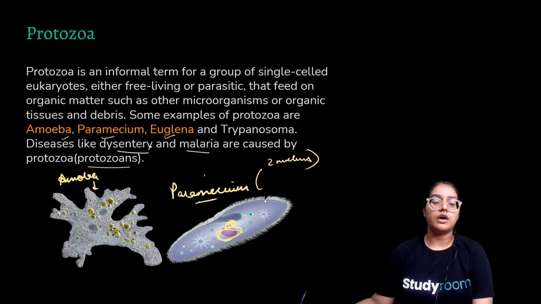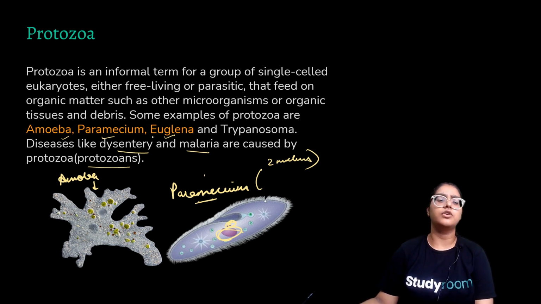So you encountered three microorganisms. First one is bacteria, second is fungus, third is protozoa. I hope you know the difference between all three. Fungus is a single-celled eukaryotic organism and protozoa is also a single-celled eukaryotic organism, but they are different types of microorganisms. So that's why.